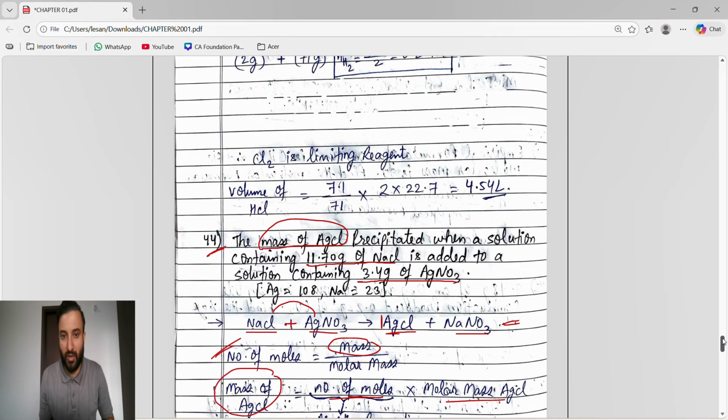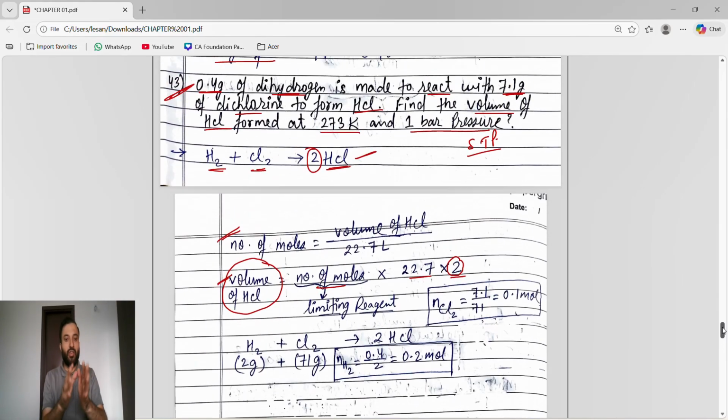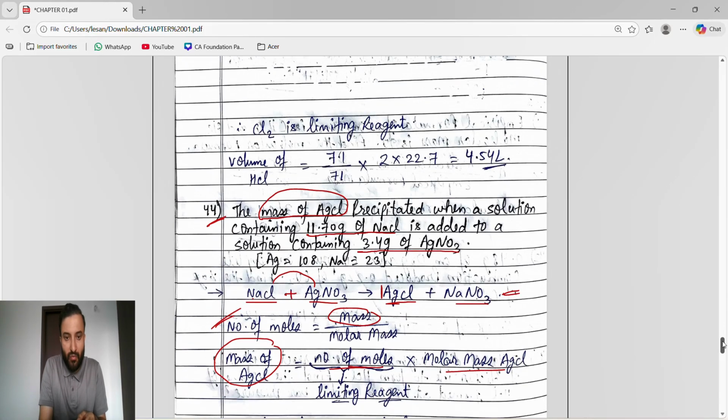So once again, questions 43 and 44: we have taken something, reacted with something to form something. Find the volume of what is present in the product. Same here, we have something reacted with something, and we got this much. Find the mass of AgCl which is present in the product.